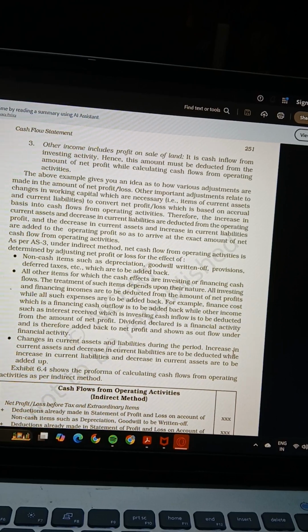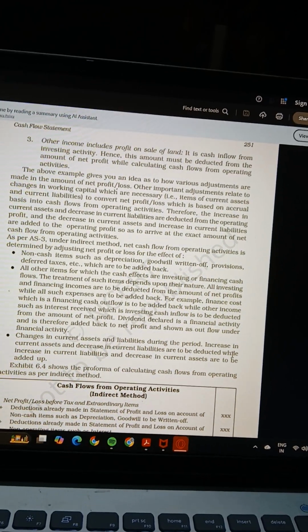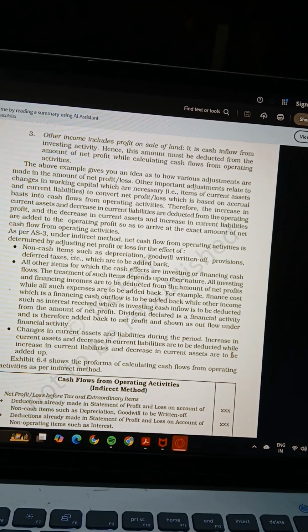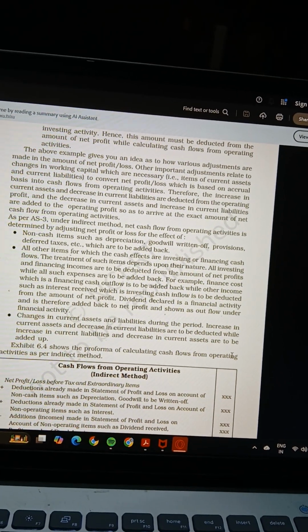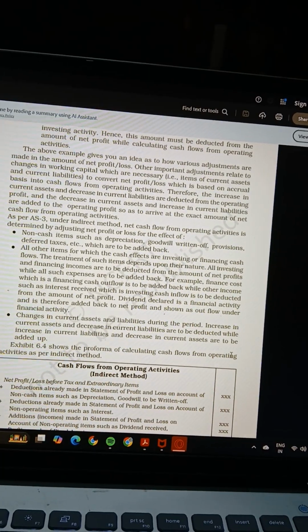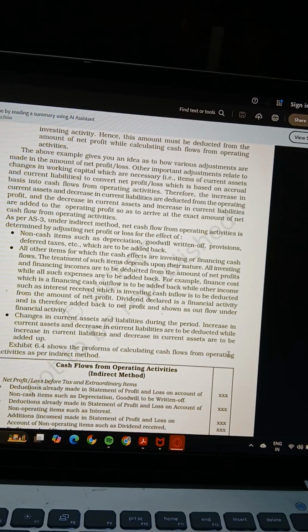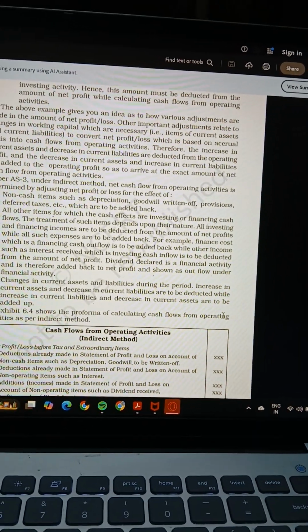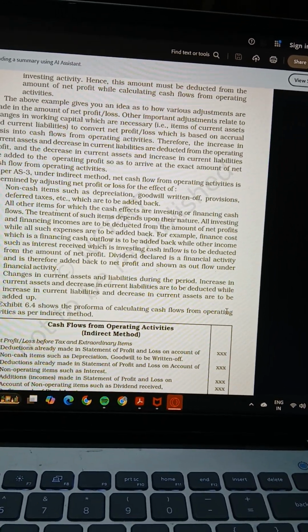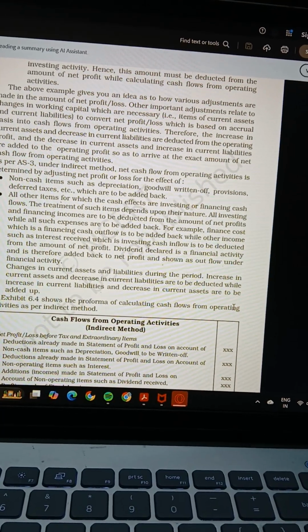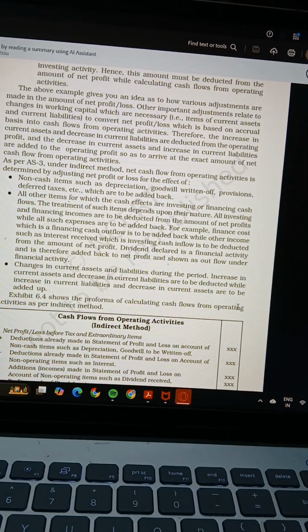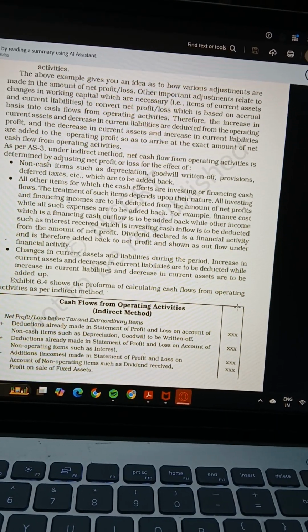All investing and financing incomes are to be reduced from the amount of net profit, while all the expenses are to be added back. For example, the finance cost, which we have already discussed, is a financing cash outflow to be added back, while other incomes such as interest received, which is an investing cash inflow, is to be reduced from the amount of net profit.